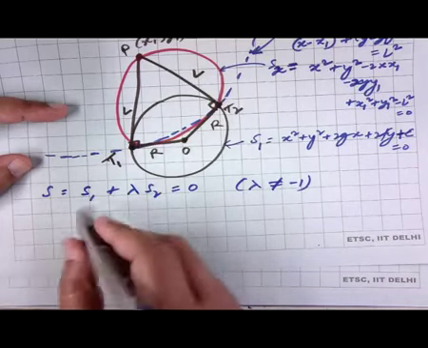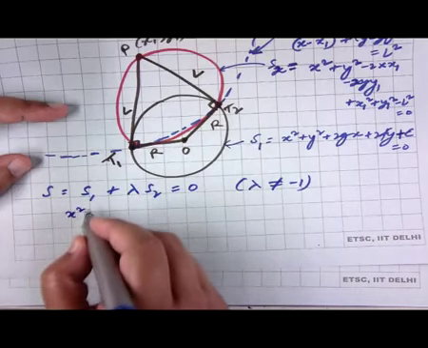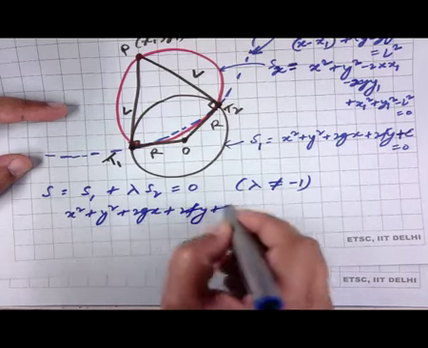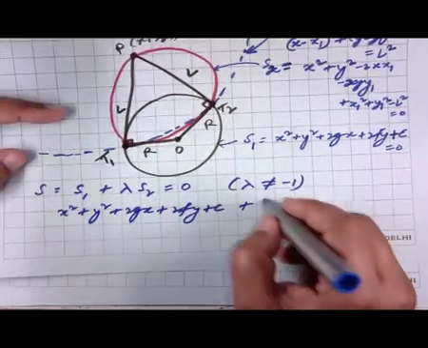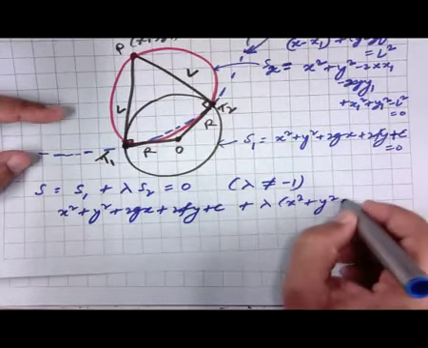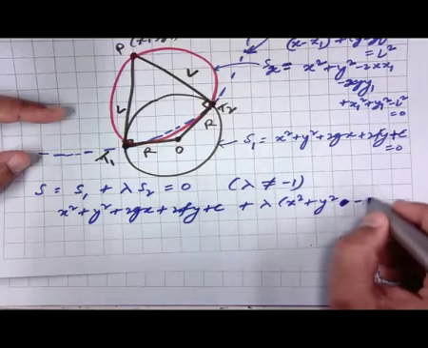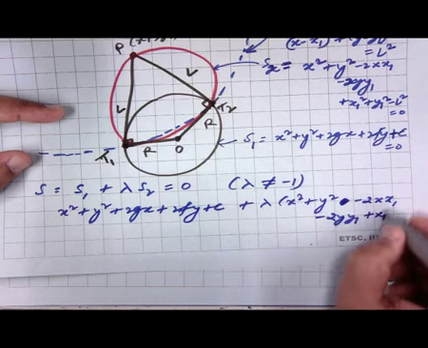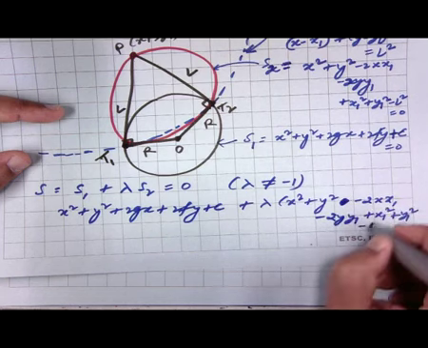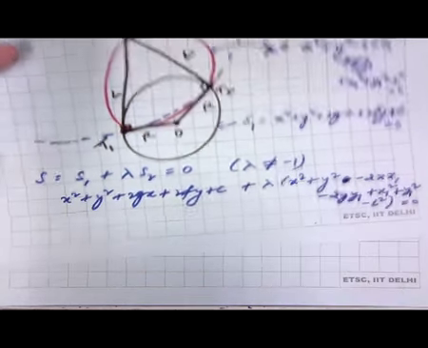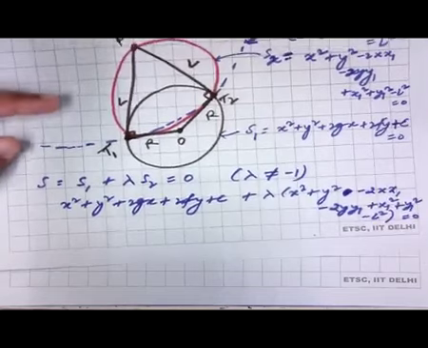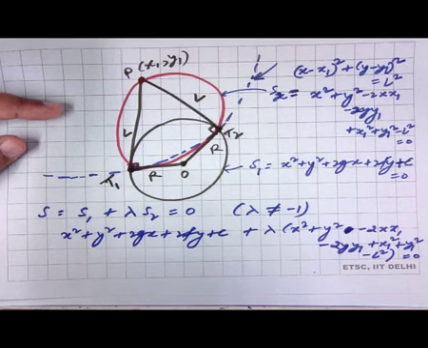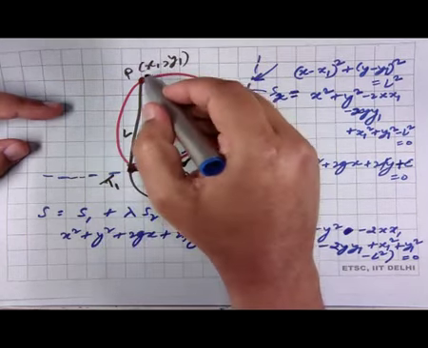So, this equation is, now one such circle is this red circle, but we know that the red circle also passes through x1 y1.